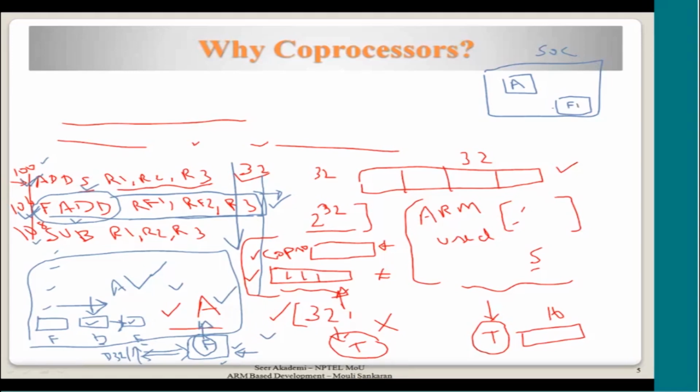There could be a floating point coprocessor and another DSP processor. So you may have a floating point instruction and then maybe a filter instruction with some register name. The floating point instruction will be picked up by the floating point processor, and the filter instruction may be picked up by the DSP processor. Now you may wonder how.